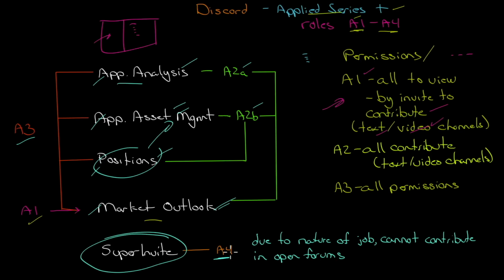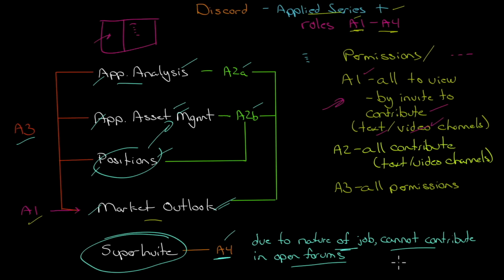It's not what you think it might be. The way it sounds, a super invite, it must be a really great group to be. It's not. It's due to the nature of some people's job. They cannot contribute in open forums. So if there is an open forum where everyone can come in and contribute, they cannot say anything. But they can contribute when it's an invite-only forum. So this is what A4 is for. It's due to the nature of the job.